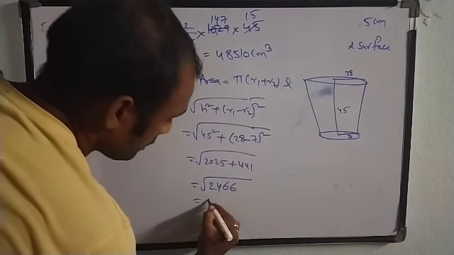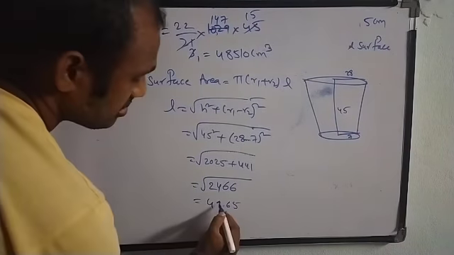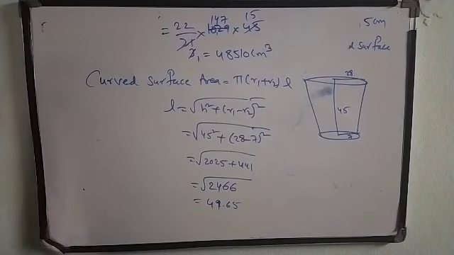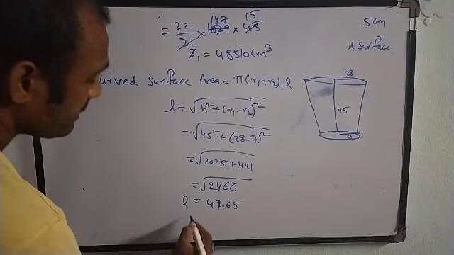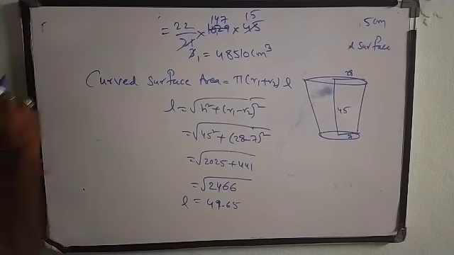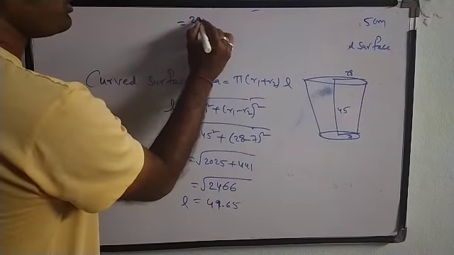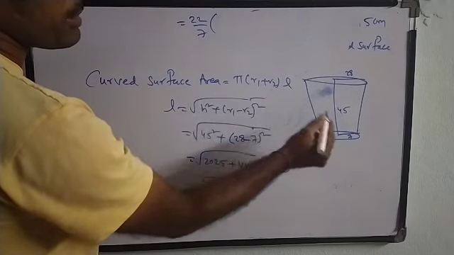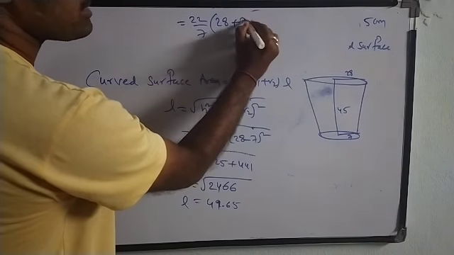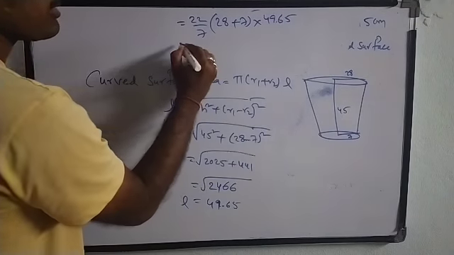So it will be around 49.65. So this is the slant height. So let us substitute in the formula. That is 22 by 7 into r1 plus r2, that is 28 plus 7, into 49.65.